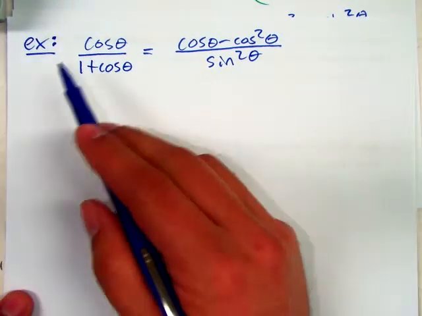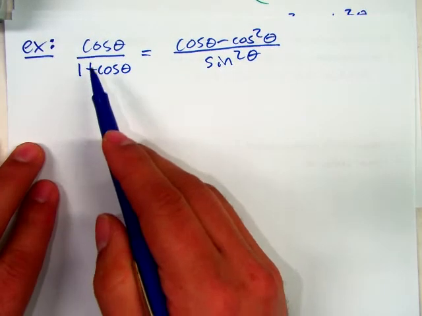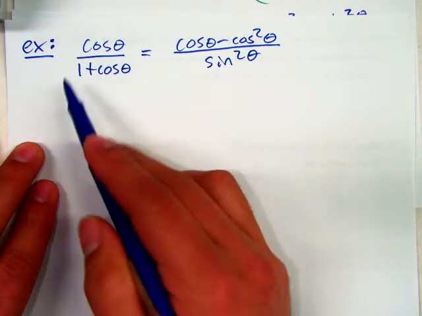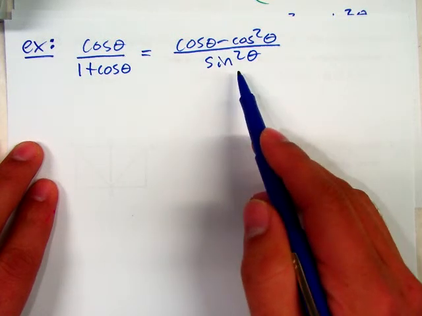Look, left and right side to me look about the same difficulty. The one thing I noticed, though, is on the left, we have all cosines. On the right, we almost have all cosines. We have the sine squared there.